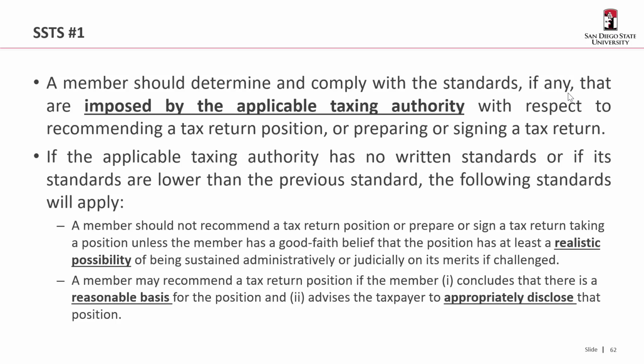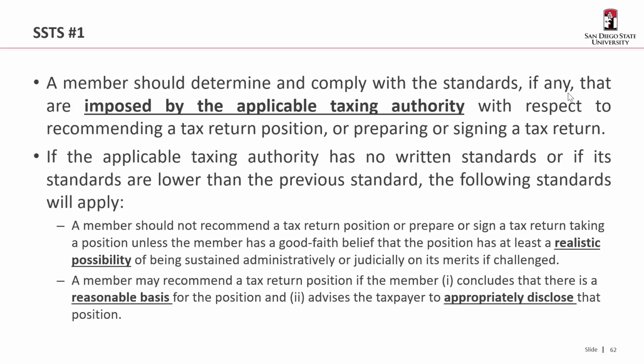Okay, so let's start with the AICPA. And the AICPA standard number 1, by the way, these are posted for you to read in Blackboard. A member should determine and comply with the standards, if any, that are imposed by the applicable taxing authority. So what that says is whatever standard is applied by the taxing authority is the standard by which an AICPA member needs to live by.